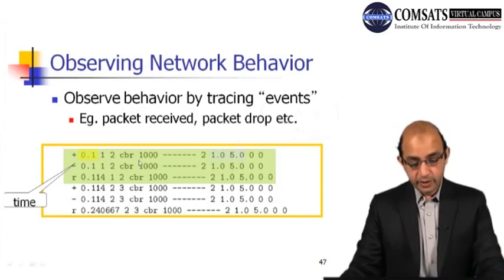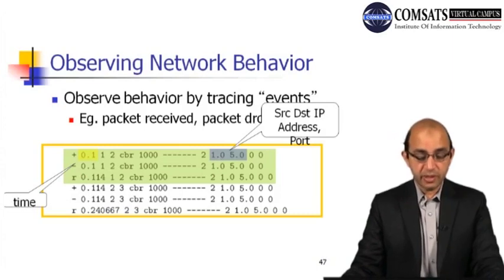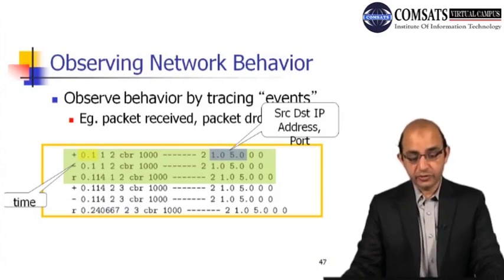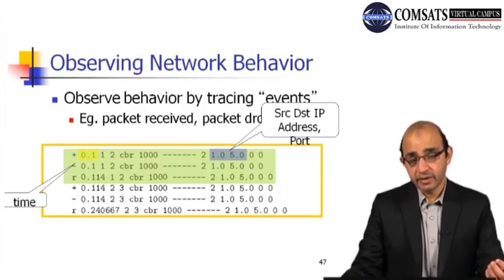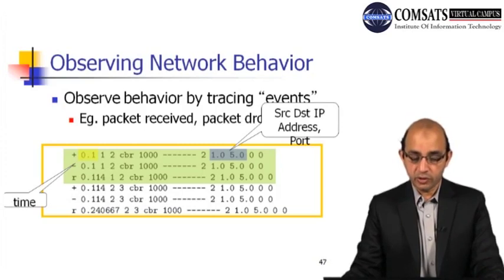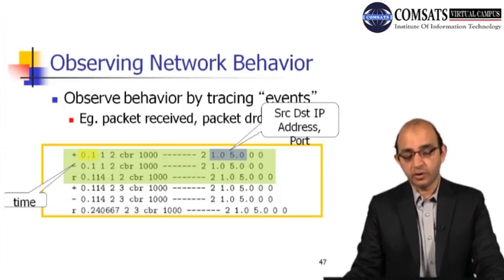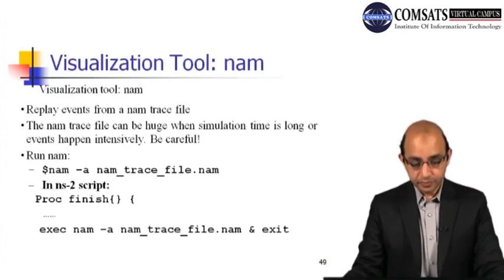And then you can see here we have IPs, so we can have source IP, destination IP, and so on and so forth. So actually we can collect or extract different parameters, for example, packet service time, packet inter-arrival, delay, jitter, and we can evaluate and plot them according to our requirement in order to observe the behavior of the network for a particular scenario.